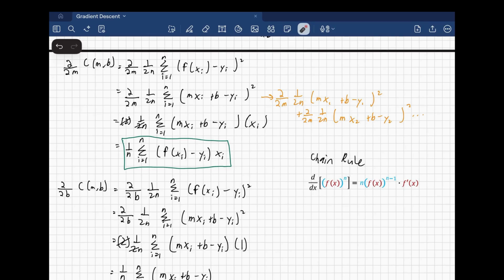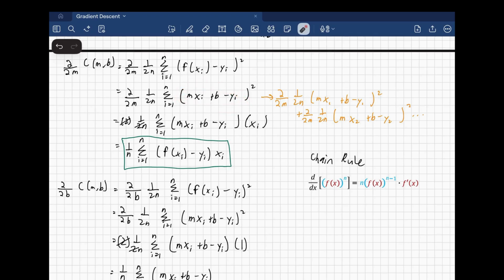So start off, as you remember what I told you earlier, we bring down this exponent 2. That's why we have 2 here. Then multiply it with the inner function, this one right here. We just copy it, and then multiply that by the derivative of the inner function right here.